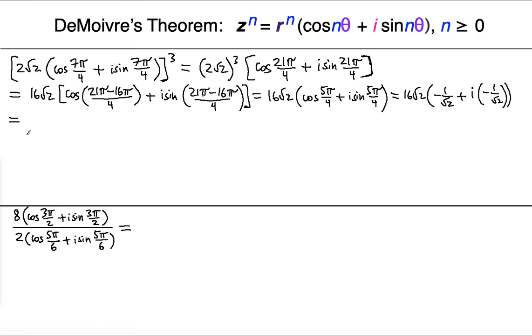So as a result, the radical 2's get cancelled out with both of these terms, because there's a radical 2 on the top. So as a result, we will have negative 16, and there's an i, right? So it's minus 16i. So this will be the equivalent rectangular form when you cube the given complex number.